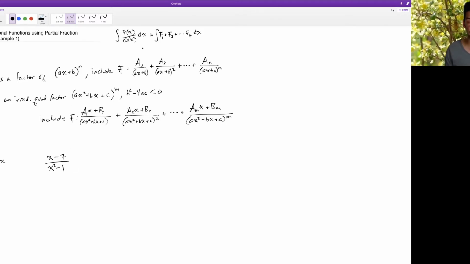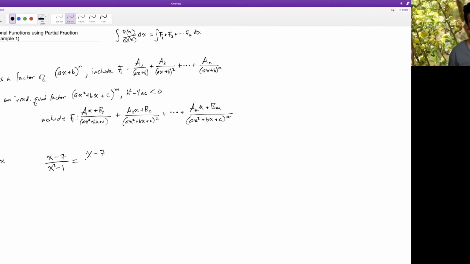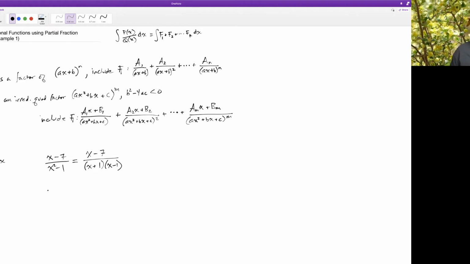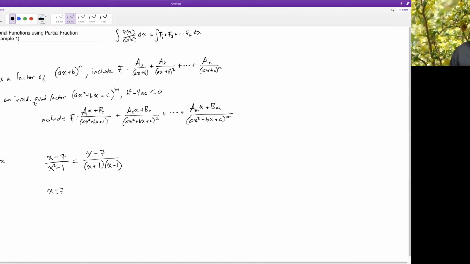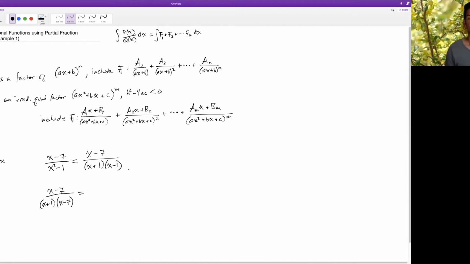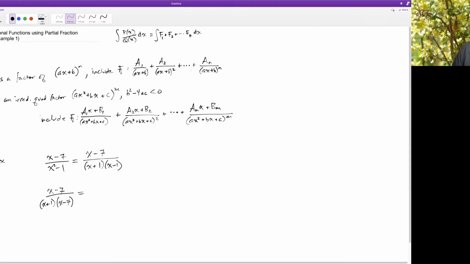Now, determining what those simpler fractions are depends on the factors of q. So our first job is to look at q and see if we can factor it, right? And this one can certainly be factored into x plus 1, x minus 1, okay? So there's our first step. Now, I'm going to take this form of it and rewrite it as the sum of some simpler fractions, and I'm going to use the rules above.